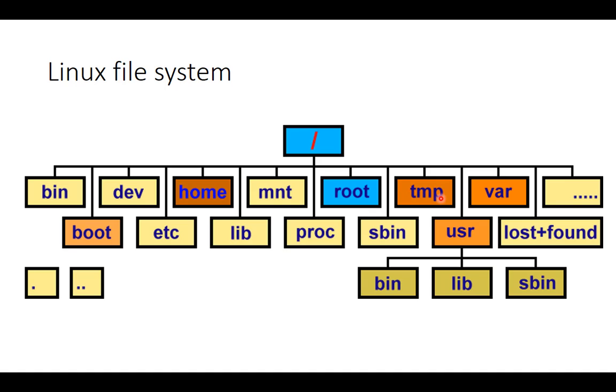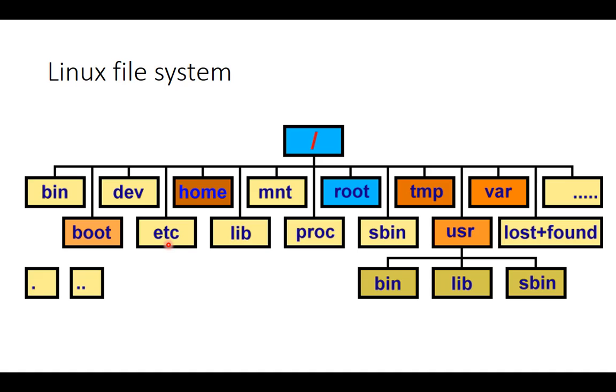The tmp directory is used to hold the temporary files and folders by the applications during runtime, and var is used to store variable files such as log files. Here is also boot, which is used to store boot-specific configuration files like grub.cfg and kernel files.